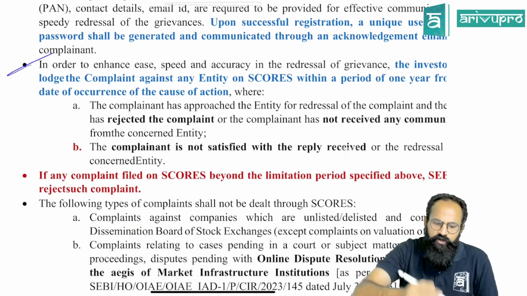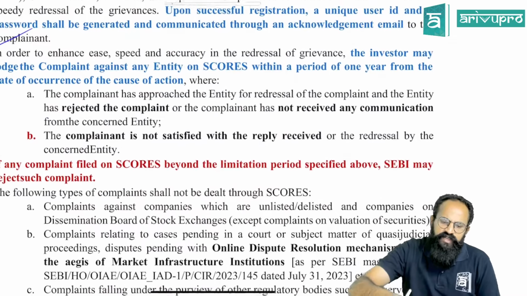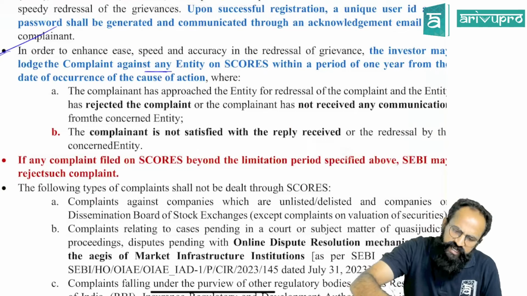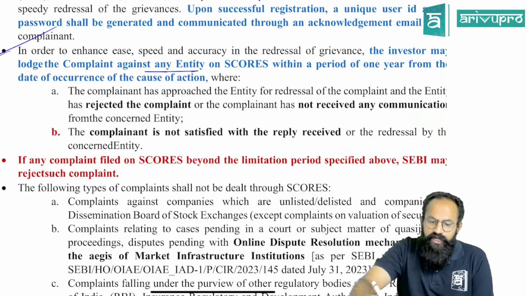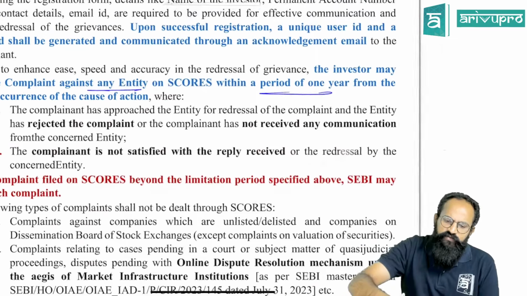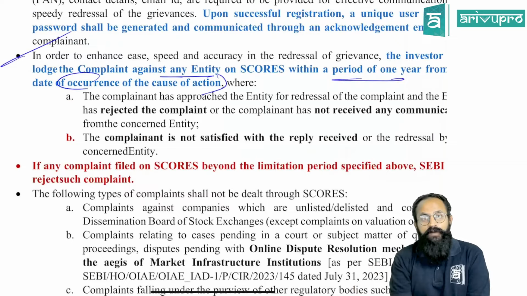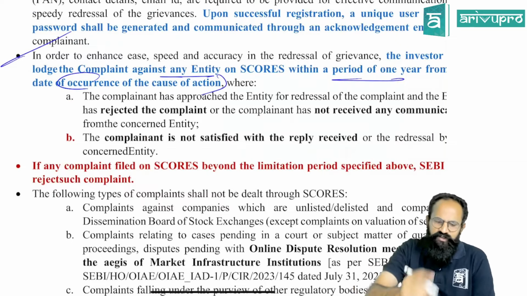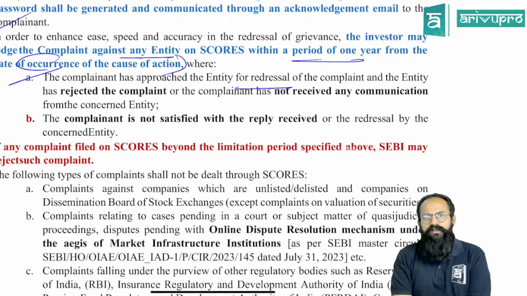In order to enhance ease, speed, and accuracy in the redressal of grievances, the investor may lodge the complaint against any entity on SCORES. Within how many days should I come? You can come within a period of 1 year from the date of occurrence of the cause of action, where you have to come within 1 year. One year from when? The complainant approached the entity for redressal, the stakeholder relationship committee.